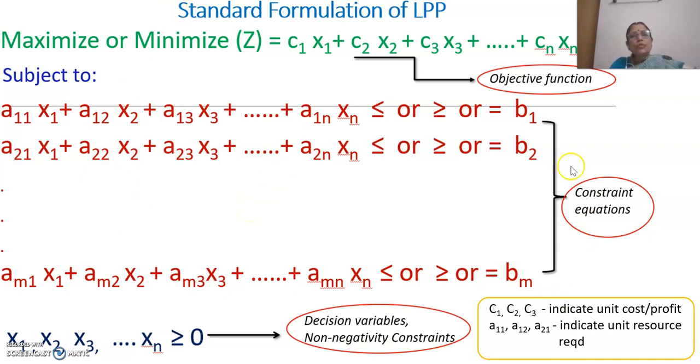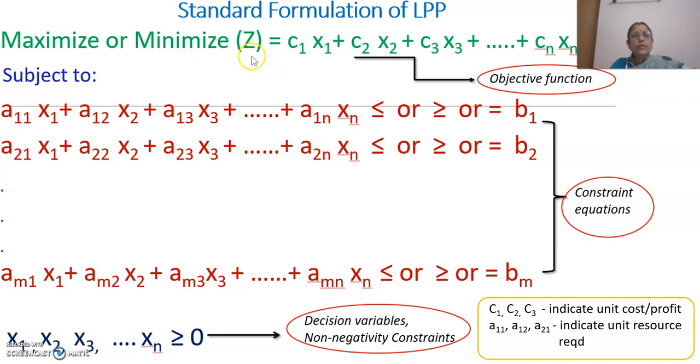So to have a recap of the standard formulation of a linear programming problem, we are expressing the objective function which we need to optimize in the form of maximization or minimization.